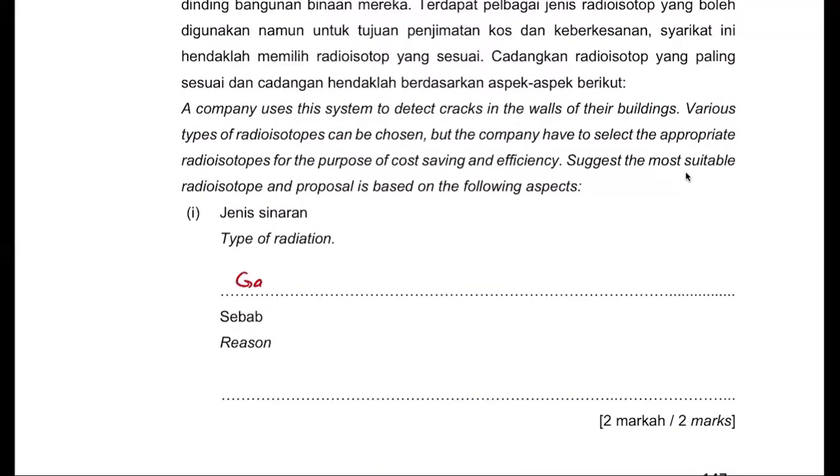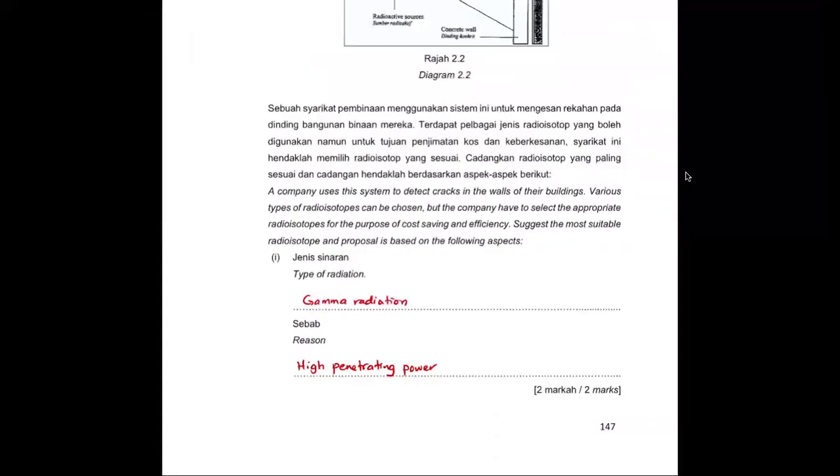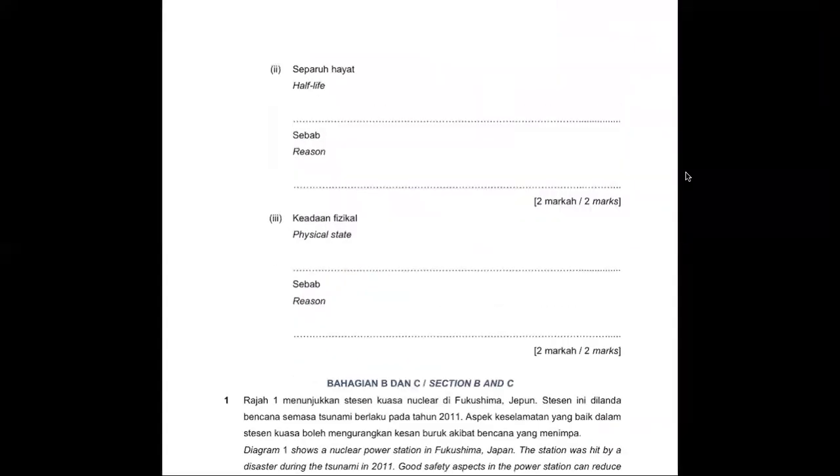Gamma radiation, the reason is high penetrating power. Because this one involves concrete, you should use a higher penetrating power, which is gamma, instead of beta. High penetrating power.